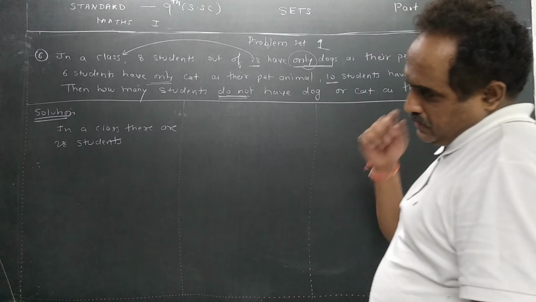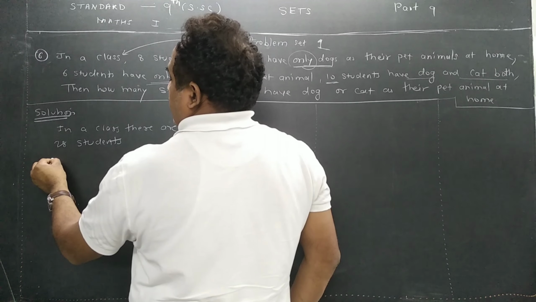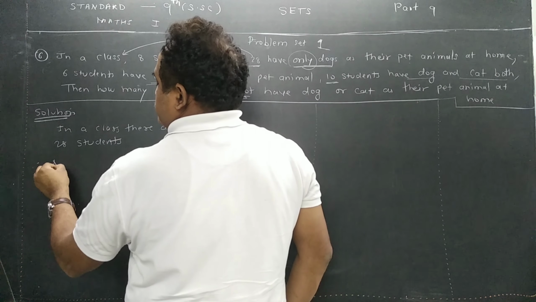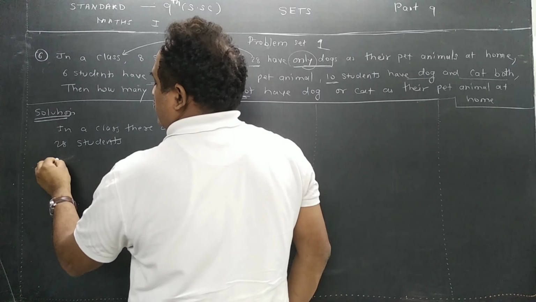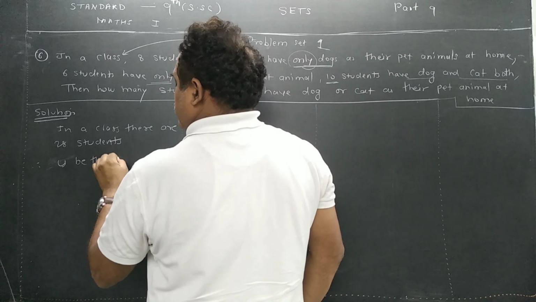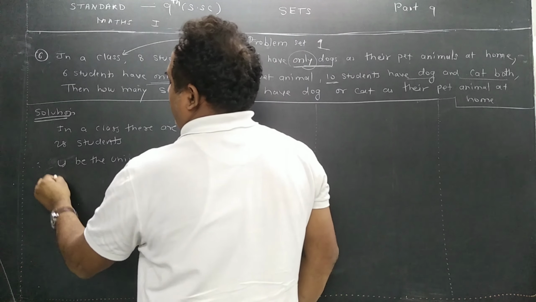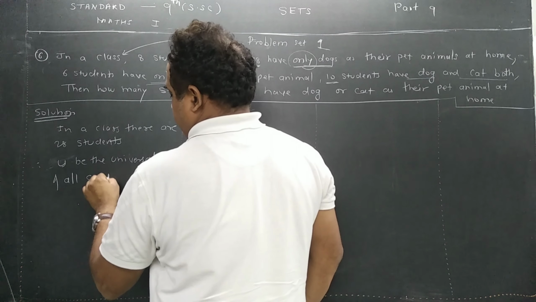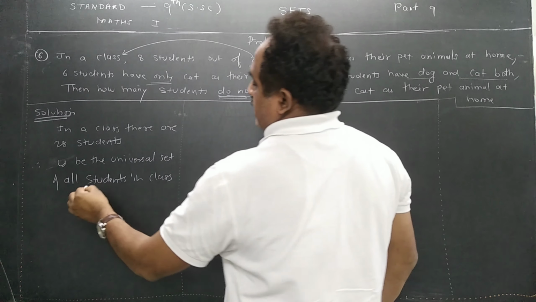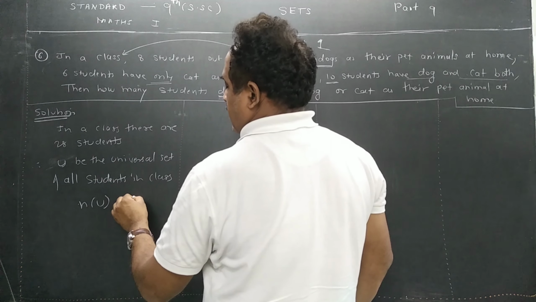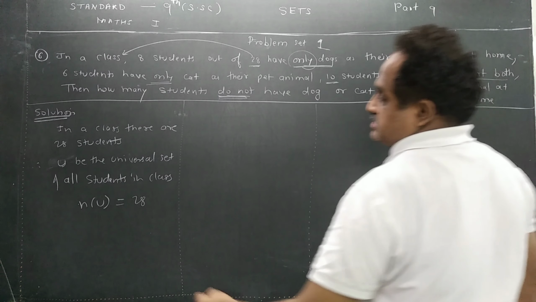Therefore, let U be the universal set of all students in the class. So ultimately, the number of students in the universal class is 28. That I put in a box.